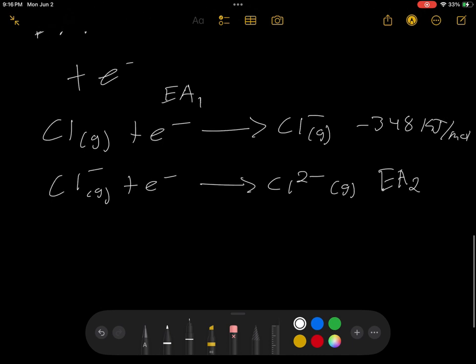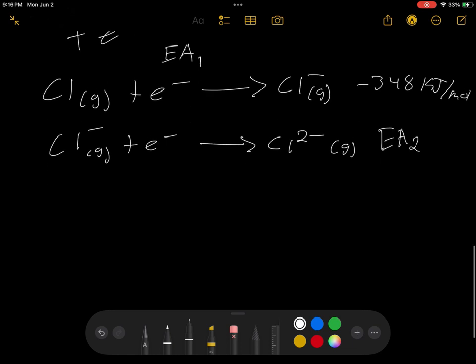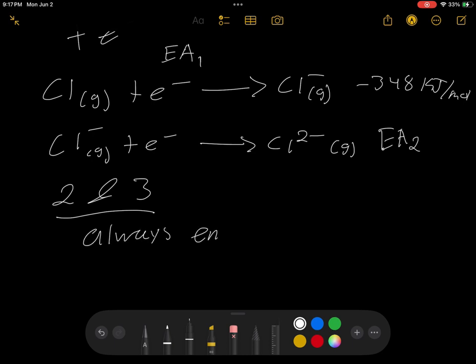And the interesting thing about electron affinity, this isn't a crucial thing to know, but there's a possibility they could throw this out as a question on a test. Second and third electron affinities, they most likely won't ask you for an electron affinity beyond the third, but second and third electron affinities are always endothermic.